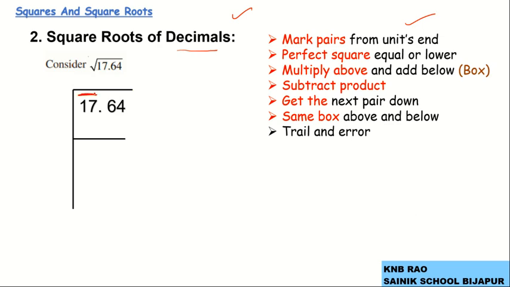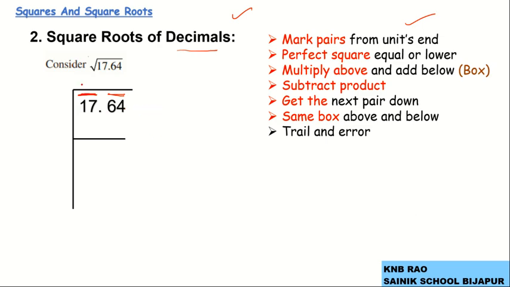In the integer portion we have only 17 that we marked, but in the decimal portion, from the decimal point start marking towards right. Here we mark towards left, here we will mark in decimal portion towards right.